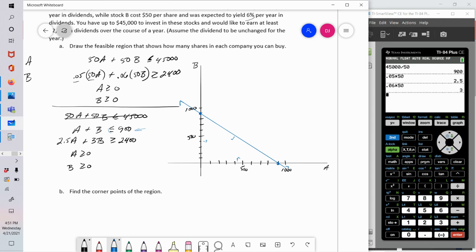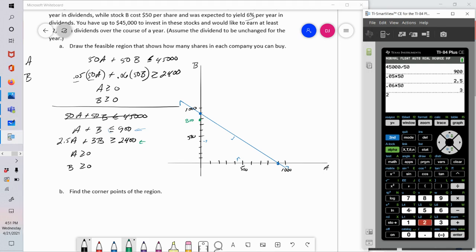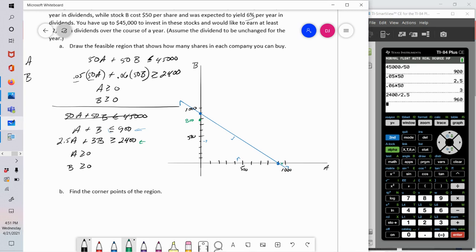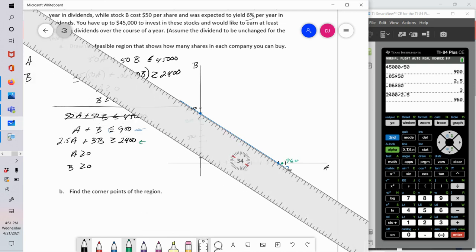Now, green equation here: if A is 0, B is 800. And if B is 0, A will be 2400 divided by 2.5, which is 960, which is right about here at 960.